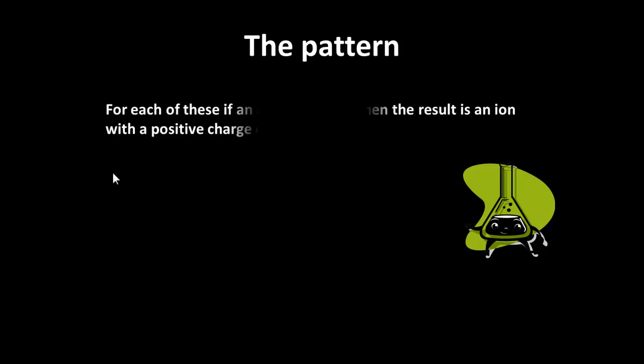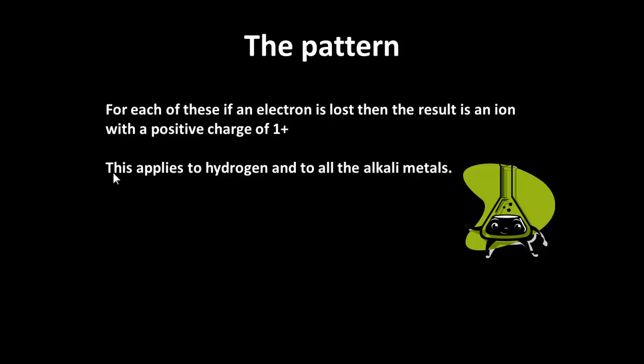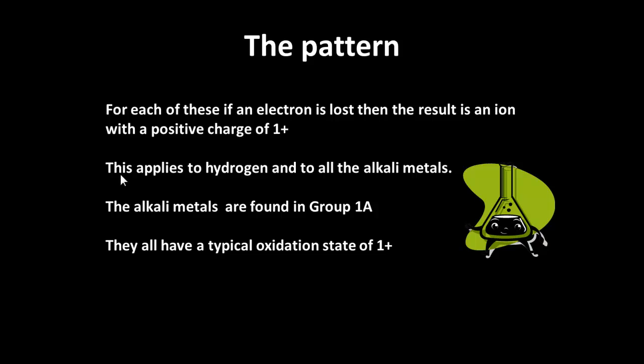So yes, there is a pattern there. For each of these, if we lose an electron, then the resulting ion has a positive charge, and that applies to hydrogen and all the alkali metals in that group. We say that the alkali metals in group 1A all have a typical oxidation state of 1 plus.